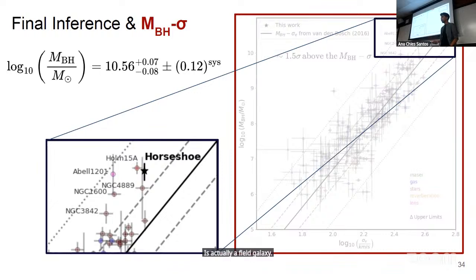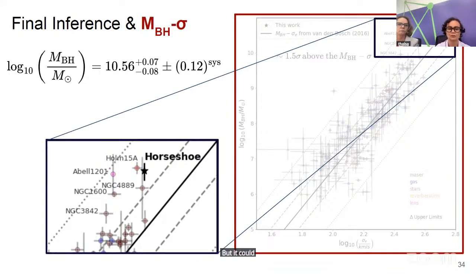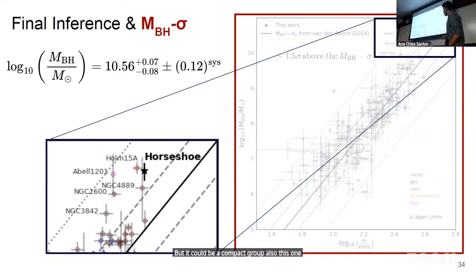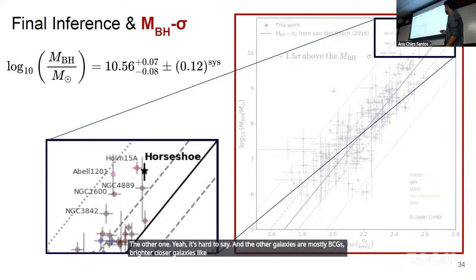We don't have anything around it at all. I think that is NGC 1600. It's a field galaxy. Yeah, and we don't have any clues about any other galaxies around it or things like that. But it could be a compact group also, this one. Yeah, it's hard to say. And the other galaxies are mostly BCGs, brightest cluster galaxies, like Holmes and the Abell 1201.